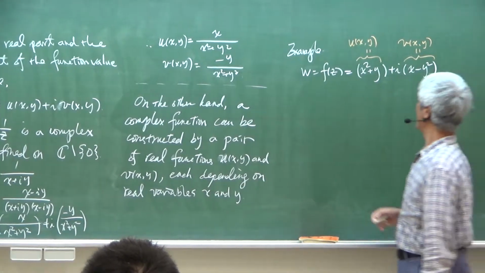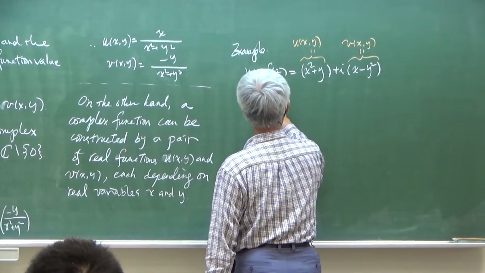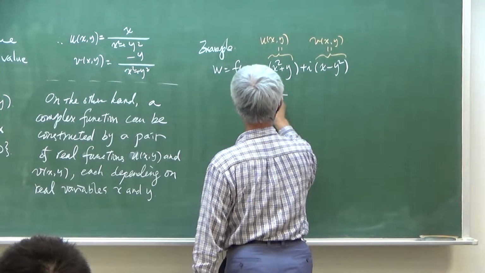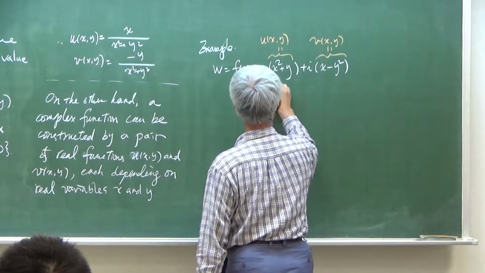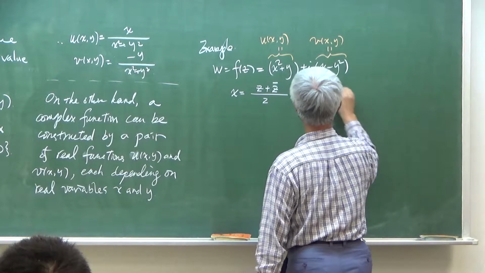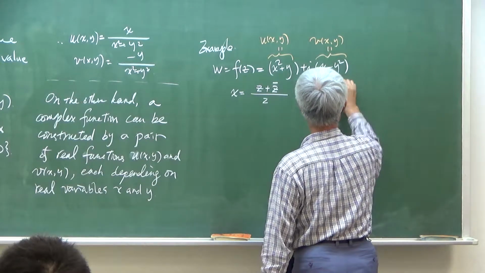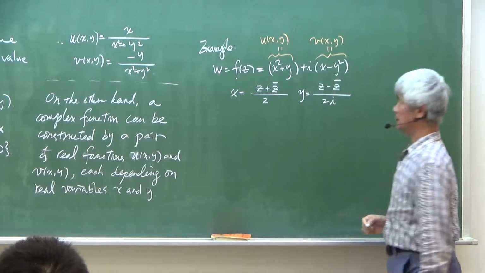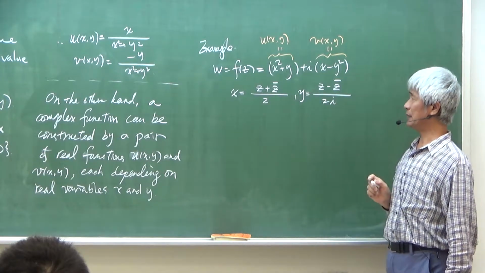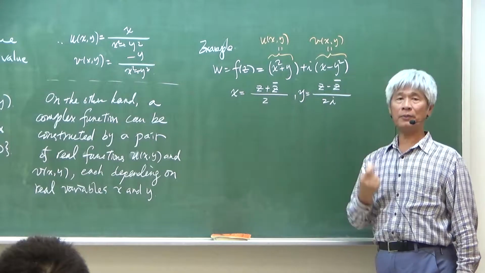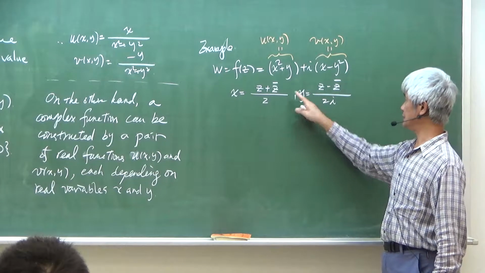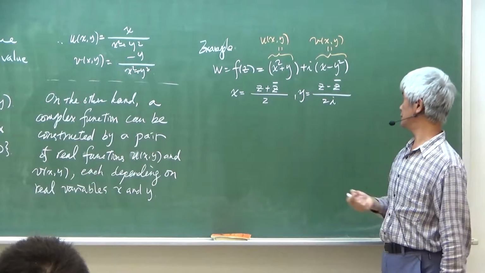We know that x is one half of z plus z complex conjugate, and y is z minus z bar over 2i. Because x is the real part of the complex number z, and y is the imaginary part.